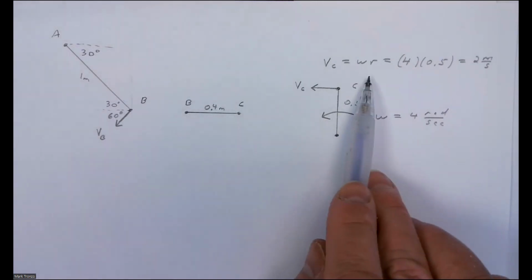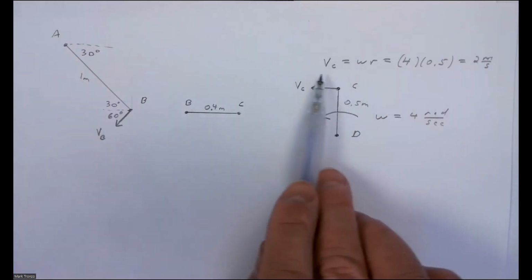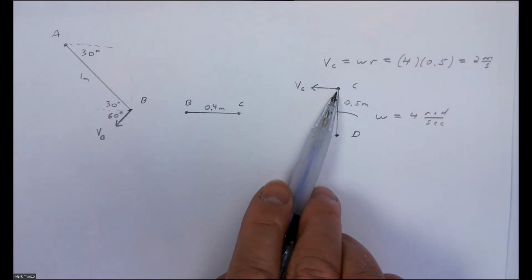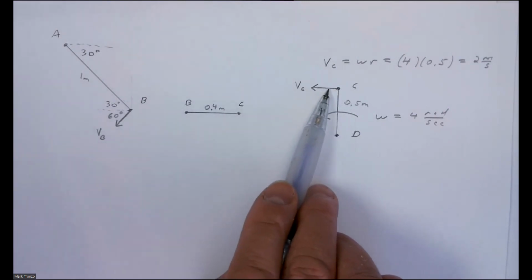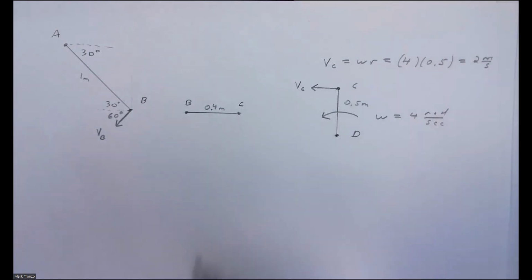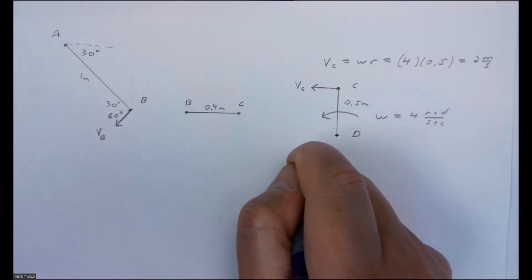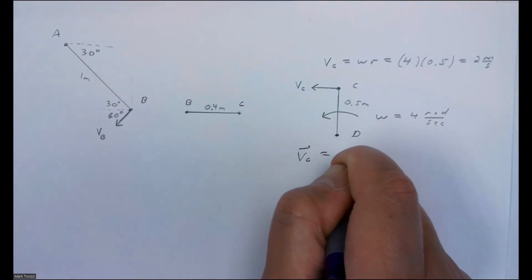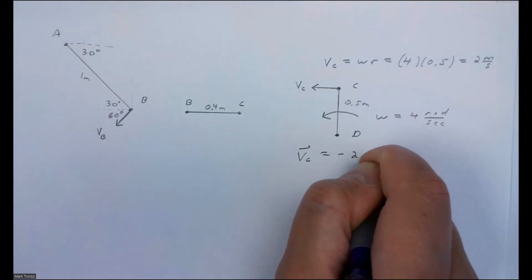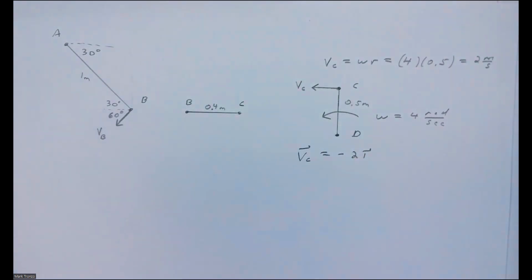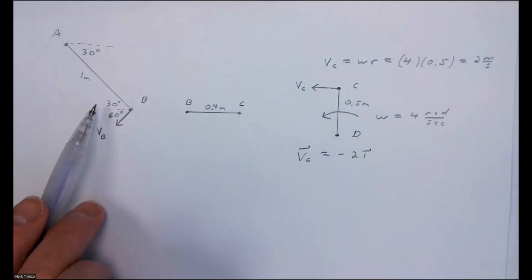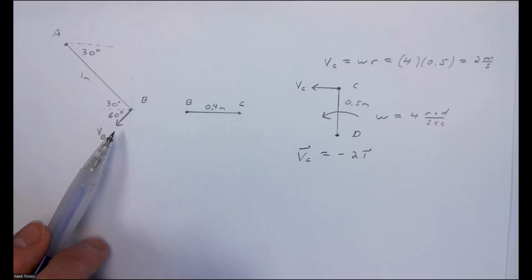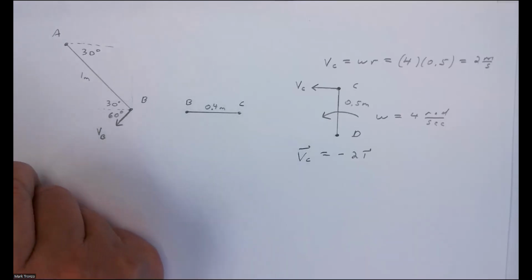Over here, we actually have the velocity. And now, again, since this is perpendicular, at this instant the velocity is going to be going in the negative x direction. So over here, we can say that the vector VC is going to be negative 2i. Now, over here, we don't actually know what the velocity of B is, but we can break it down into components.